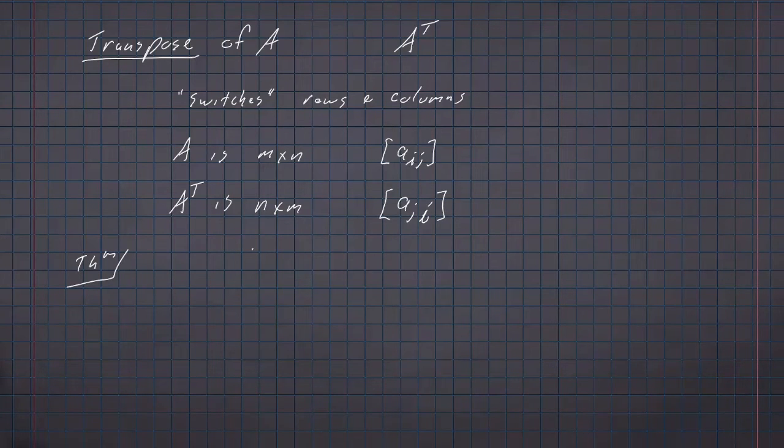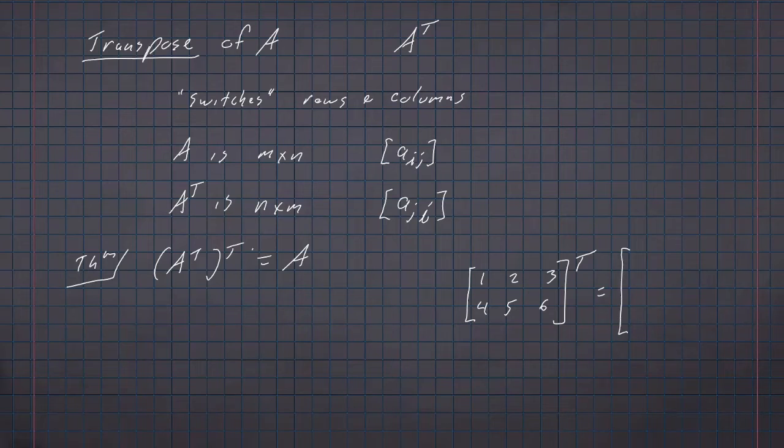First theorem, fairly straightforward. If I take the transpose of a transpose, I get back the original matrix, which I think makes a lot of sense. If I transpose the matrix here, 2 rows, 3 columns, 1, 2, 3, 4, 5, 6, I get a matrix with 3 rows and 2 columns: 1, 4, 2, 5, 3, 6.